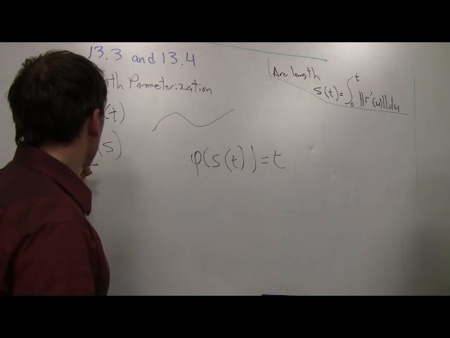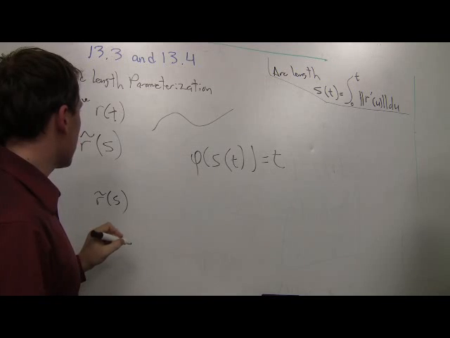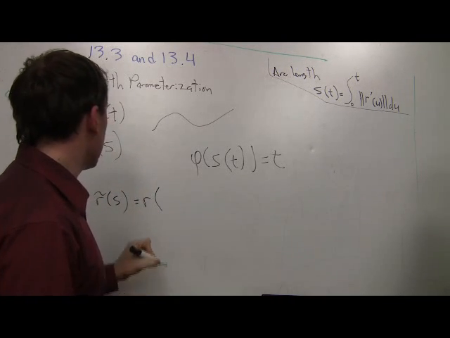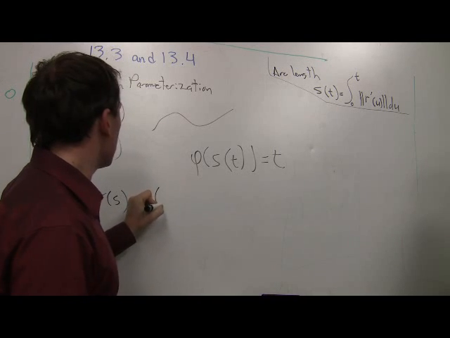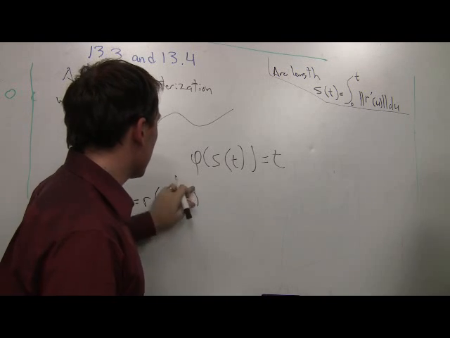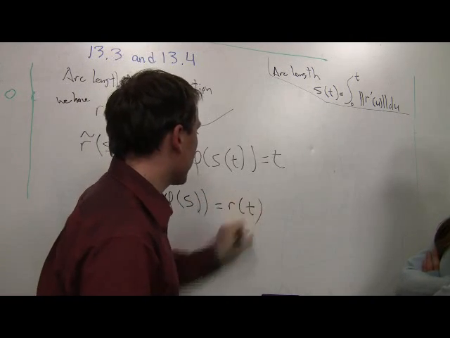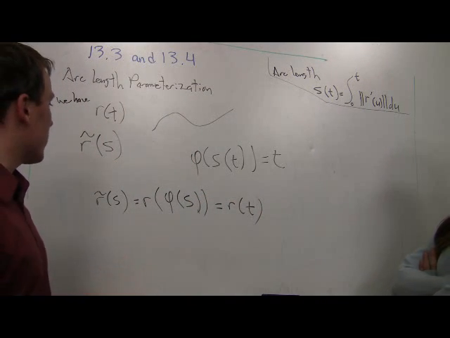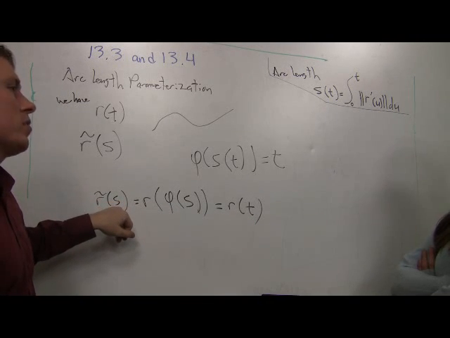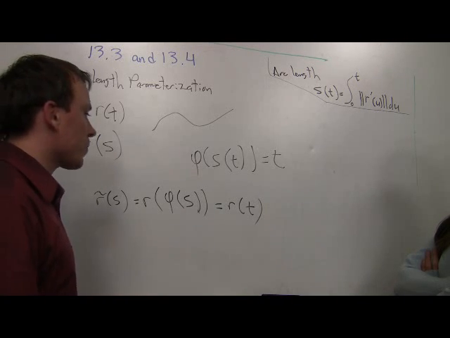And then, when we're done, our r of s will be our r of phi of s, which is r of t. So we end up with the same function, changing our inputs to fit our idea of having unit length, giving us unit time.